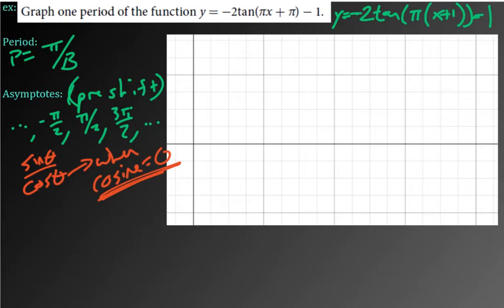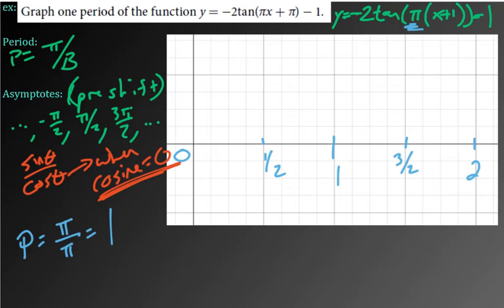Okay, so just like sine, cosine, secant, cosecant, I would start by doing the period. So it's pi over b, but b here is pi. So it's actually got a nice period of 1, okay? So I might actually just do 1 here, and then that's going to be 1/2. That's 0, of course. This is 3/2, and this is 2.